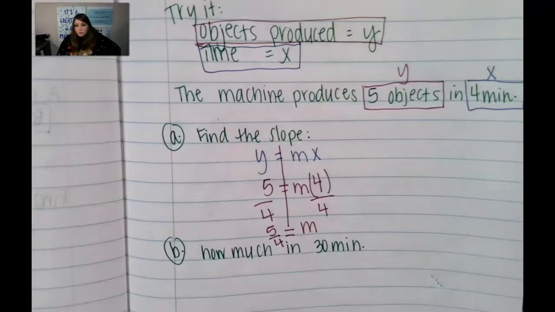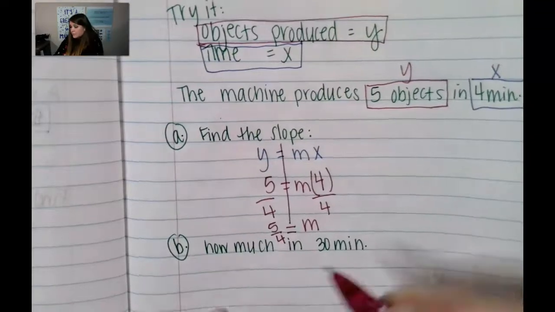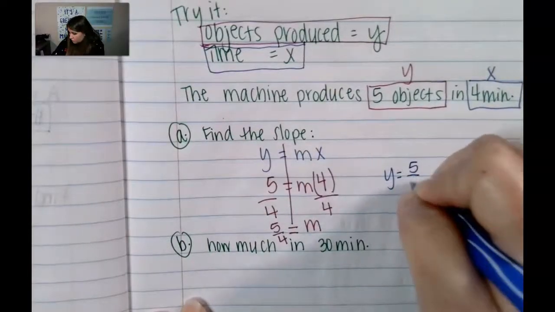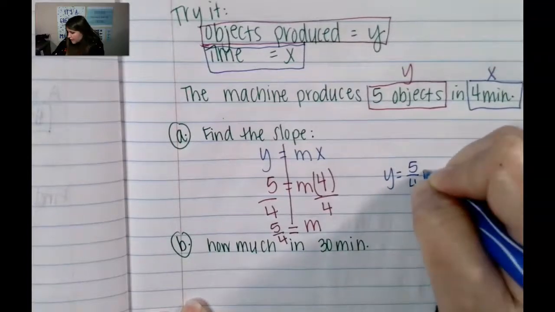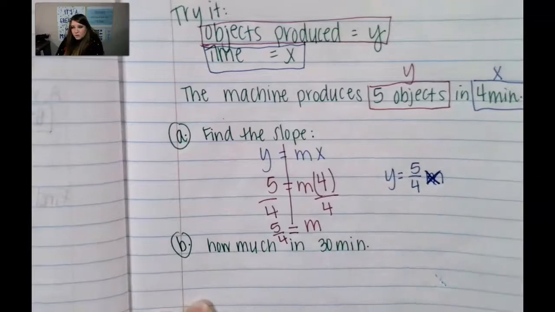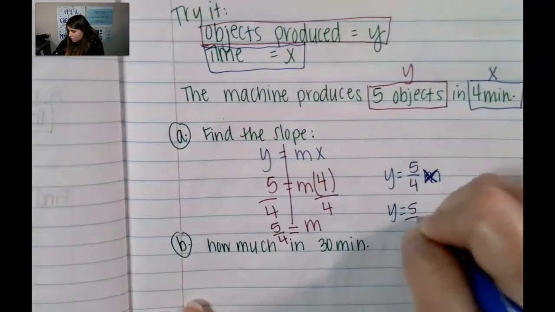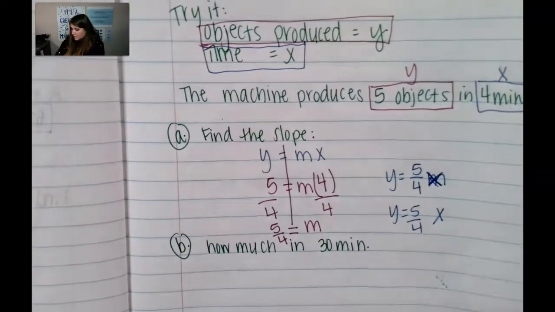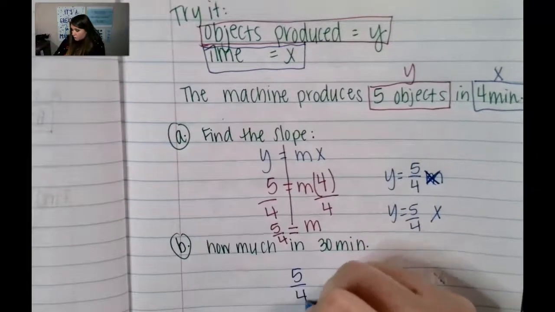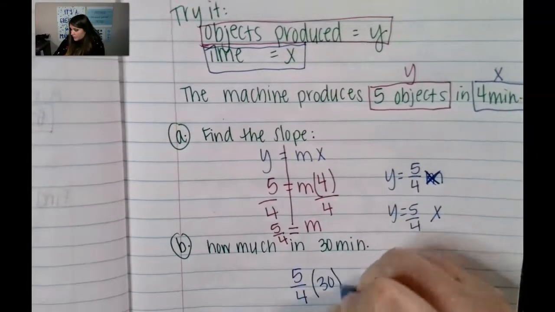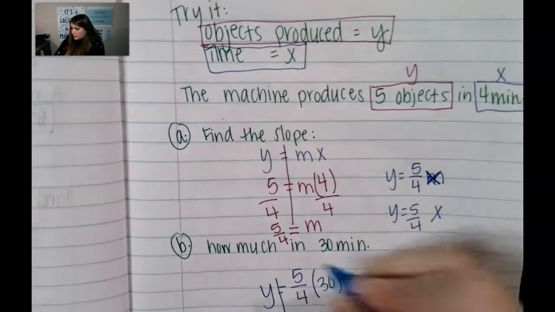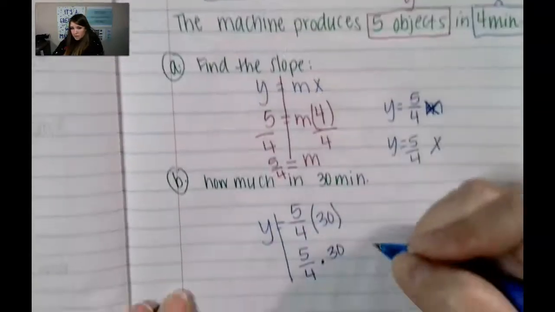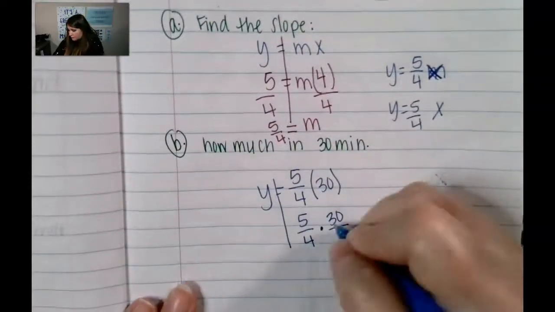Okay. Now we want to know how much in 30 minutes. So we didn't write our equation. So Y equals 5 over 4 times x. Why do I keep putting m there? I am so sorry. Let me rewrite it. Y equals 5 over 4 times x. So time is 30 minutes. So I'm going to go 5 over 4 times 30 minutes is equal to y. So now I'm going to set this up so it's 2 fractions multiplying against each other. I keep forgetting that.